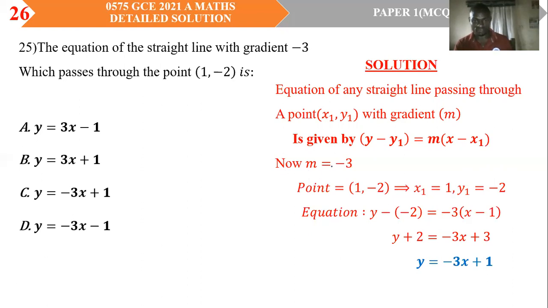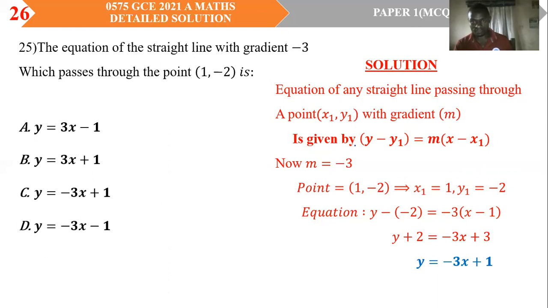Now, m is equal to -3. The gradient is -3. The point is 1, -2, implying that if we rename this point, we'll have x1 to be the x coordinate 1 and y1 to be the y coordinate -2.